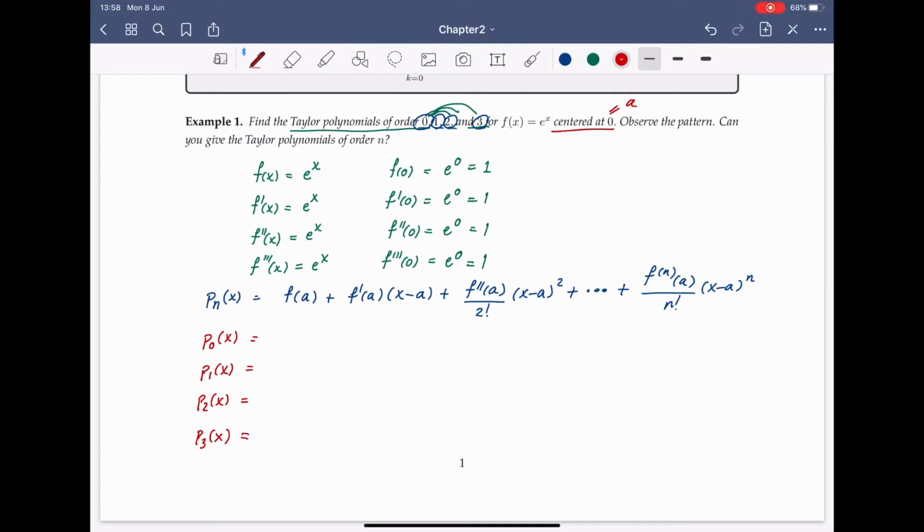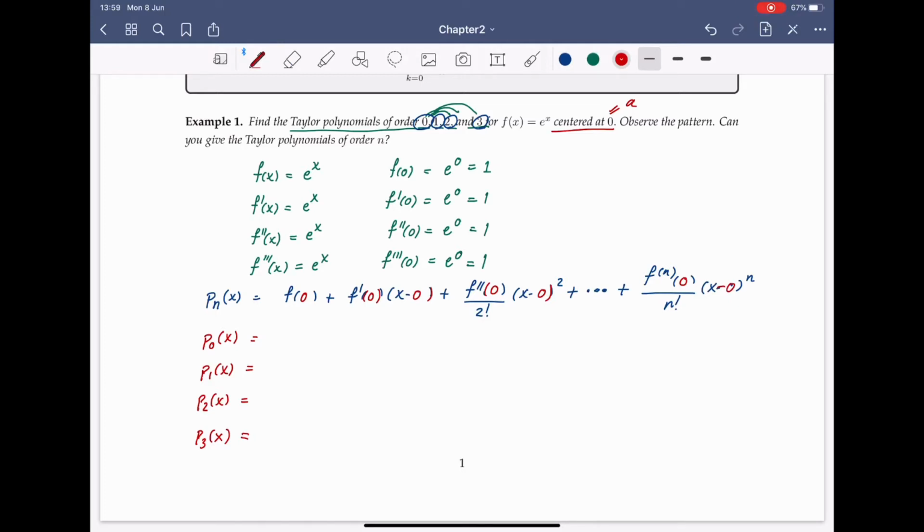Here I'm going to replace my center to be 0, so I replace a in the formula by 0. So this is 0, 0, 0, 0, 0, 0, and also this thing is equal to 0. This thing is the Taylor polynomial, right?